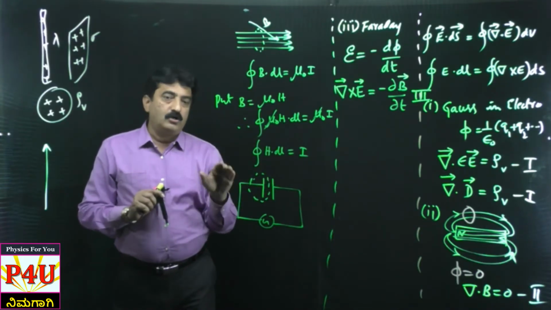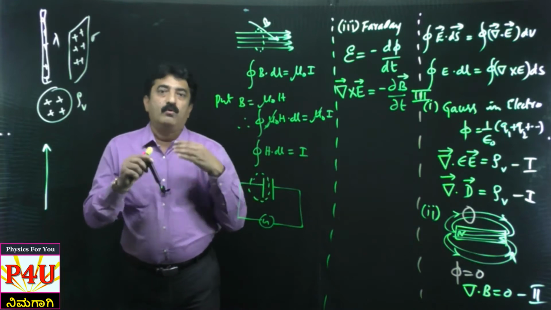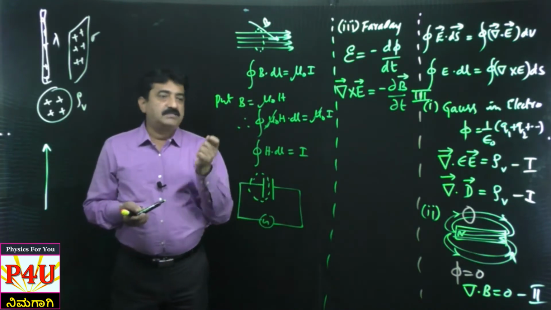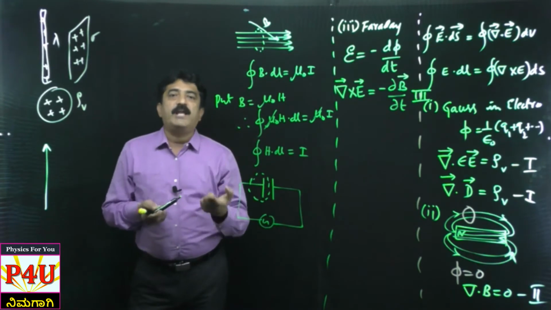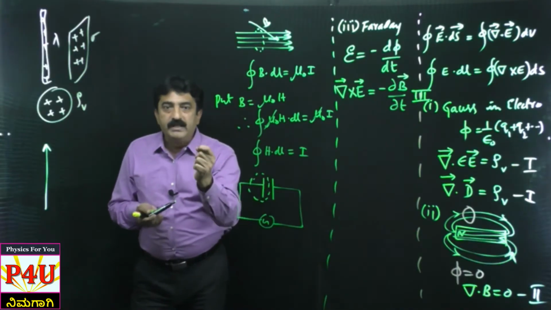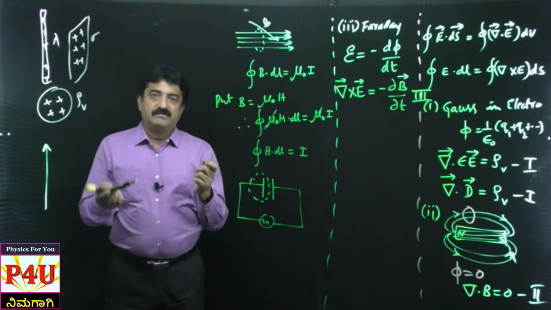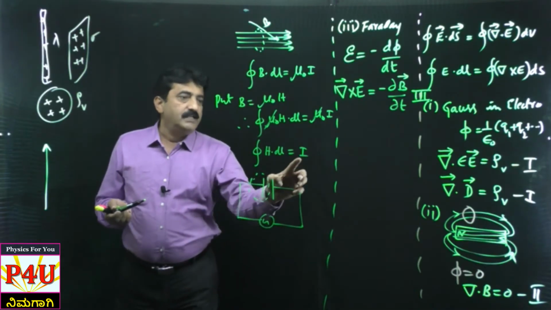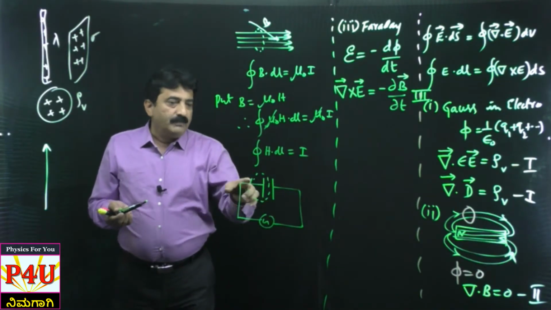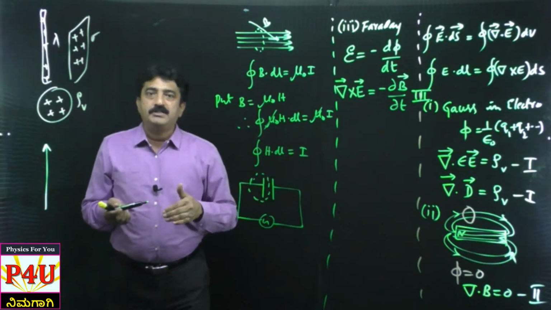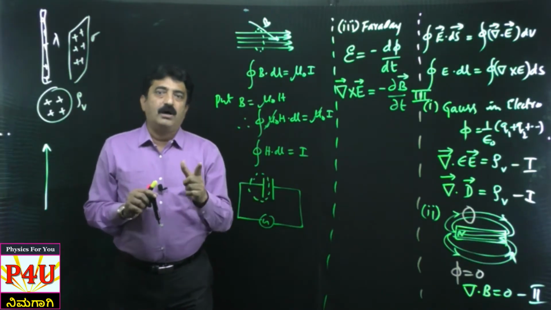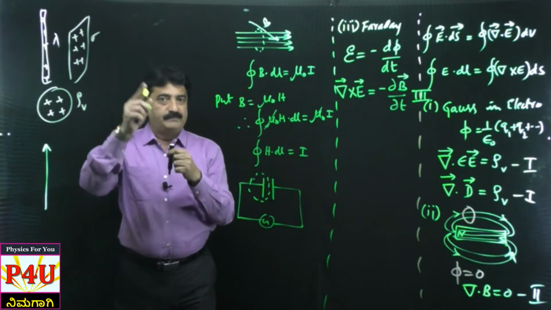So in order to overcome this contradiction, Maxwell introduced one new type of current, called displacement current. Maxwell said, between the two plates there is no traditional current, meaning there is no flow of charge, but still there exists a current called displacement current. I will explain it later on.